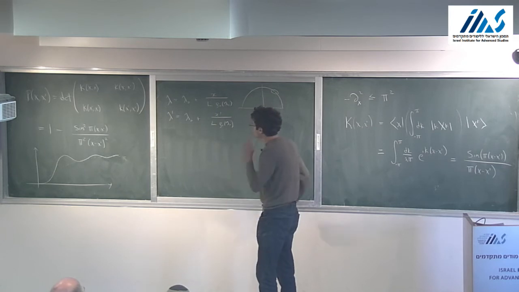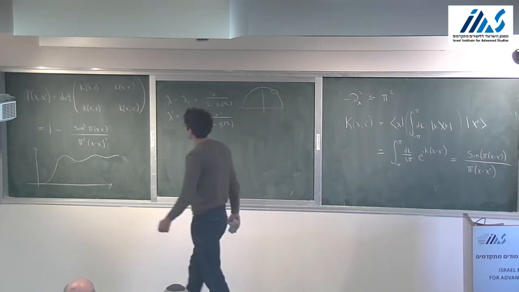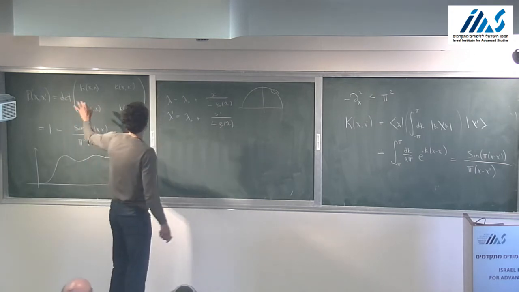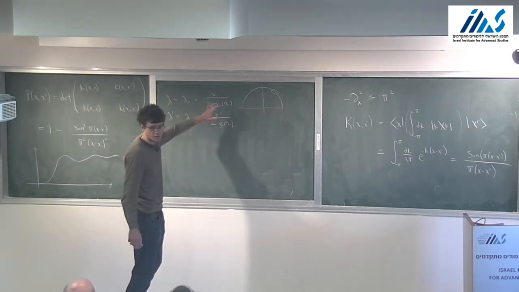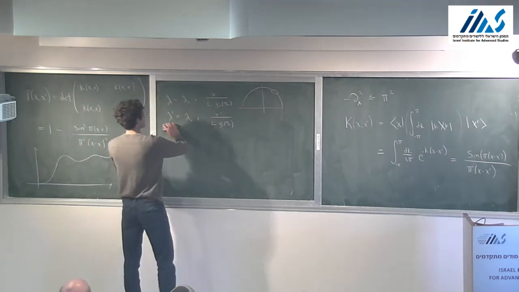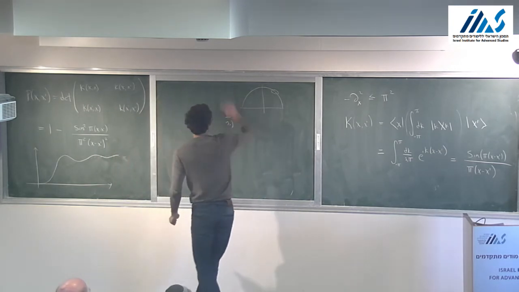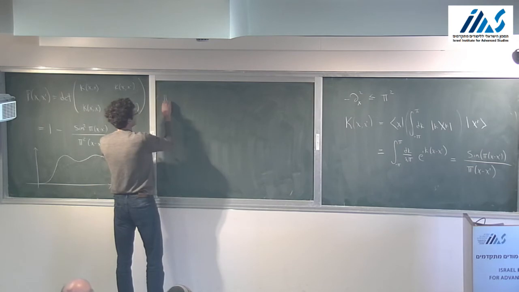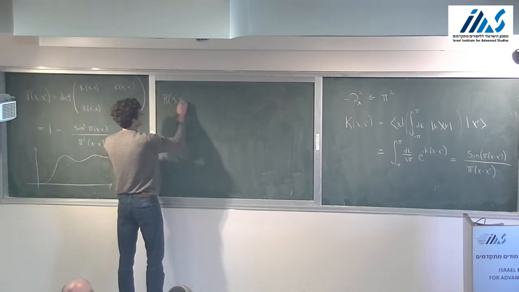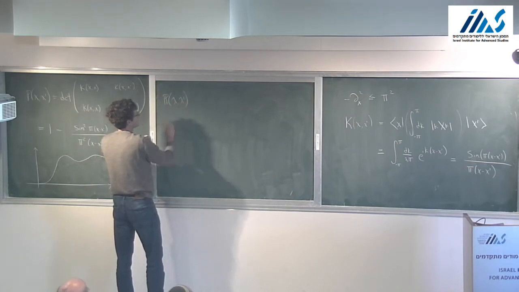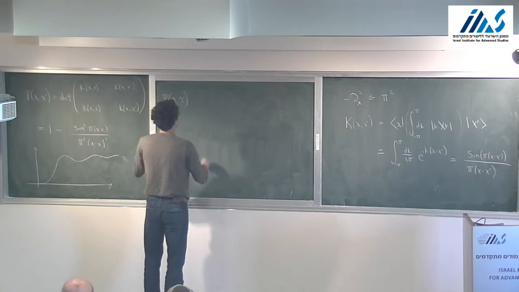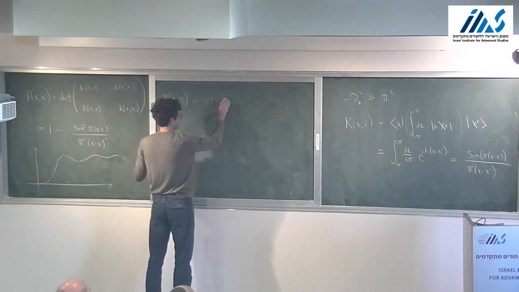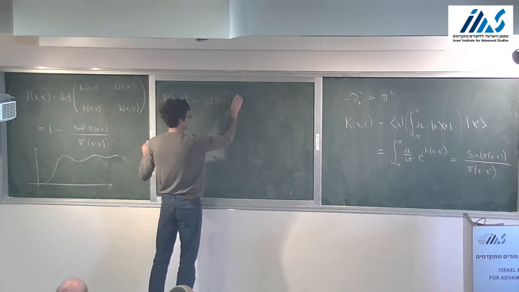So what we want to do first is an easy thing, which is to write this probability distribution in terms of lambda instead of in terms of these x's. So that looks like the following: p of lambda and lambda prime. Keeping track of the fact that the probability transforms like a density, we get rho naught of lambda times rho naught of lambda prime.